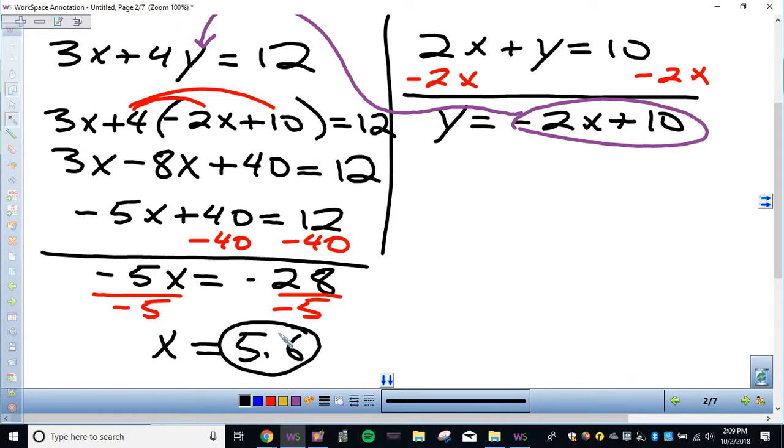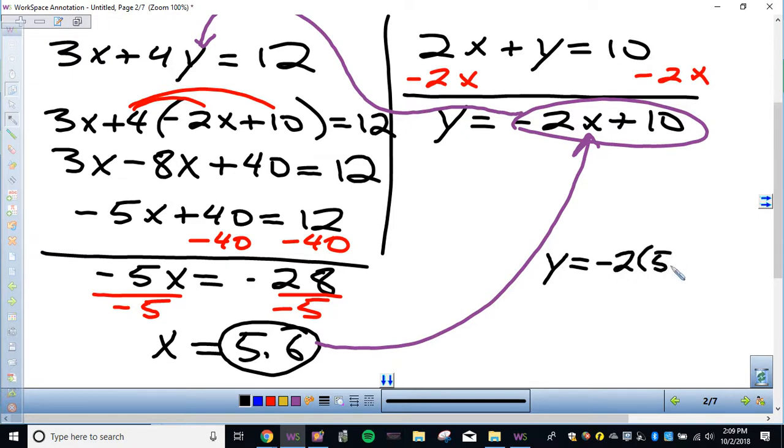We now can take that 5.6 and plug that in for the x because we already solved that equation for y. Looks like this. Y equals negative 2 times 5.6 plus 10.